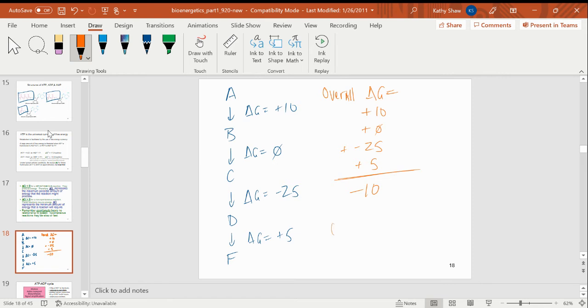So my overall delta G is minus 10. And I didn't put units in because we're not actually going to do the calculations, so they're not important right now. So my overall delta G is a negative. Perfect. Great. That means the process is going to go.